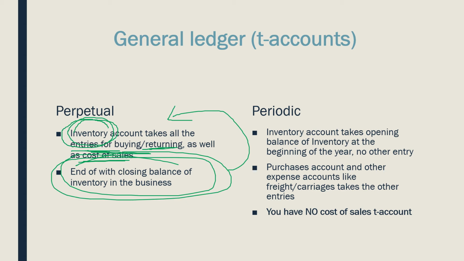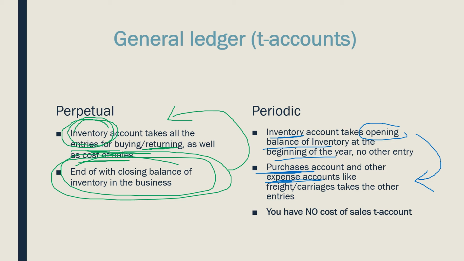In the periodic system, we have an inventory account, but it takes the opening balance at the beginning of the year. Any other entries related to stock, we move over to purchases. So the purchases account and all the other expense accounts like freight and carriages I mentioned earlier take all the other entries. So you actually have a whole host of T accounts that you work with, where in the perpetual system you have one T account, and that's the inventory T account.